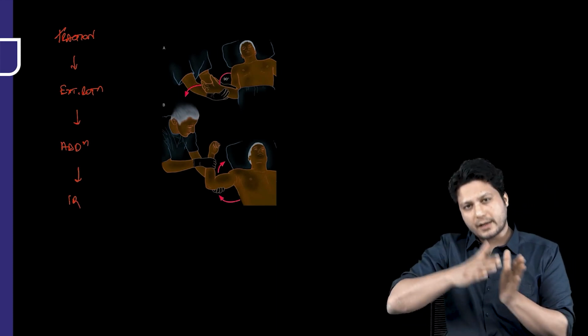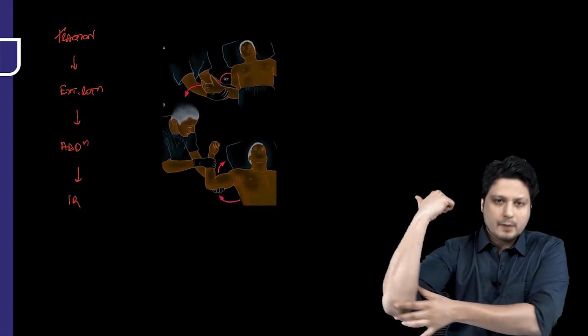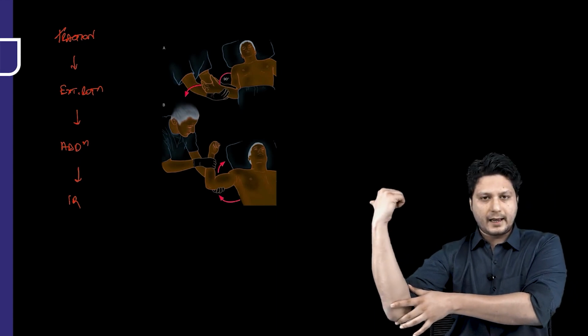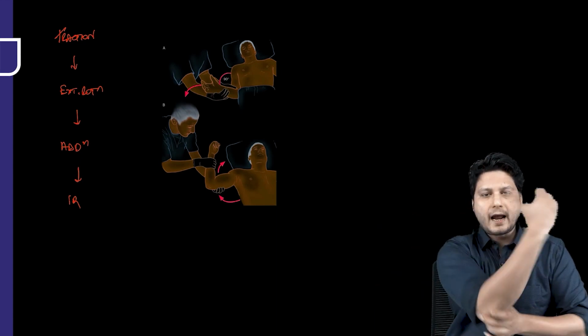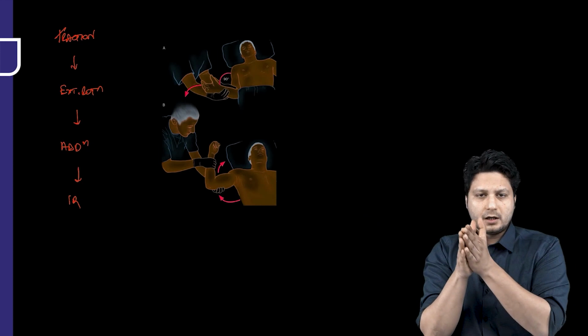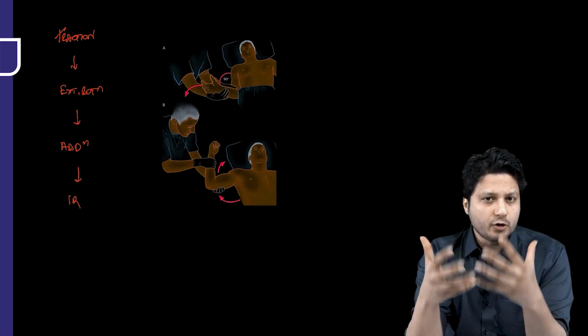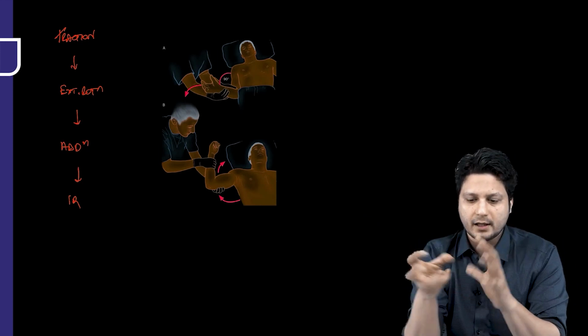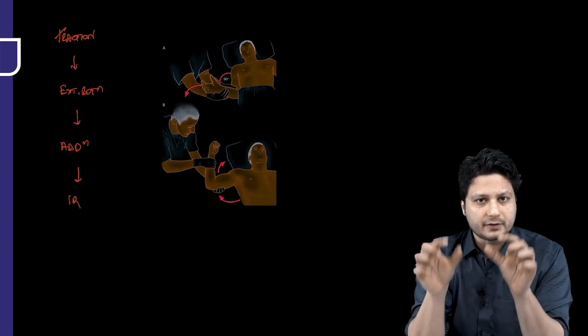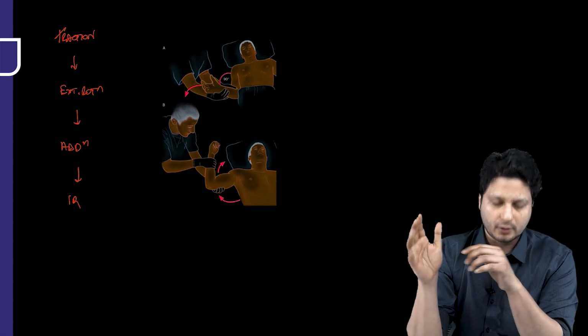So while applying traction, you perform external rotation, then adduction and internal rotation. With Kocher's method, the acutely dislocated head of the humerus is reduced back into position, and it is considered the most commonly used method.